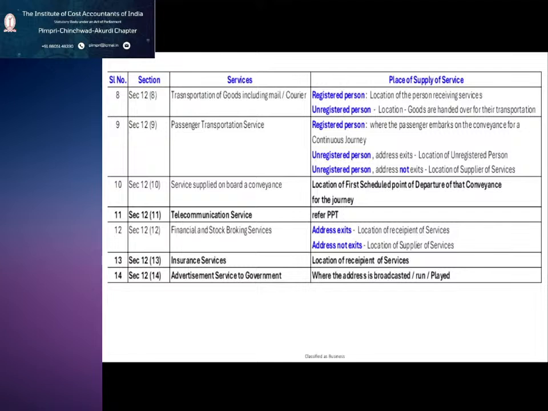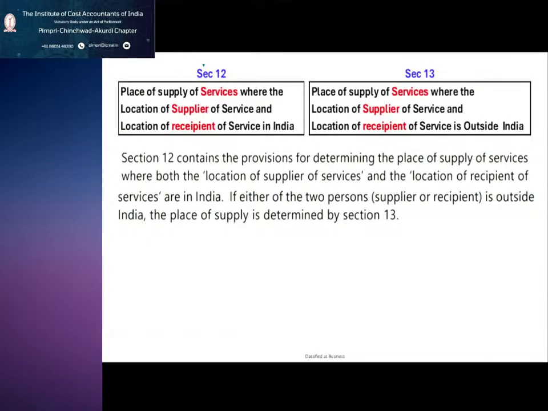And we still have section 13 in this place of supply of service itself. Sorry, today because of a connectivity issue I was not able to start on time, but tomorrow at sharp 6:30 we will start our class on time, because we have huge things to complete.